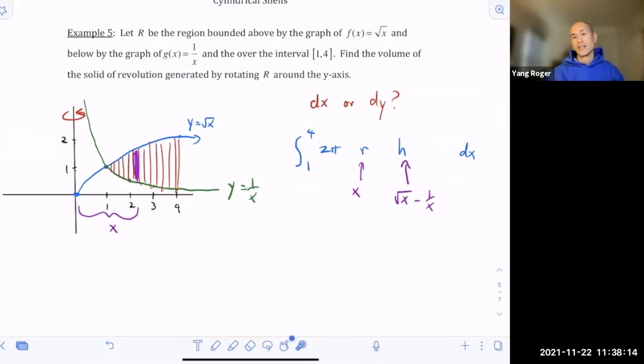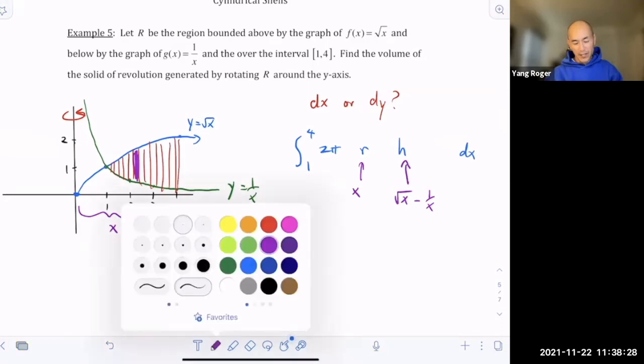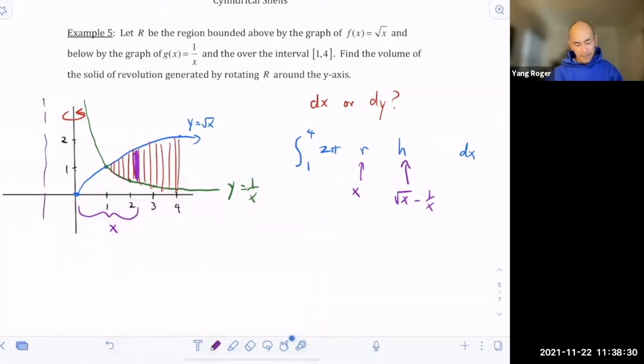Reagan asks, why is the radius not x plus 1? Because my x values are ranging from 1 to 4, but my axis of rotation is just the y-axis. If I had my axis of rotation over here, Reagan, then it would be x plus 1.